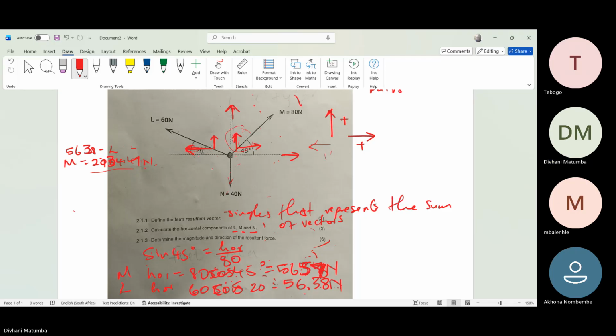Okay. Therefore, your horizontal M component is actually positive because it's going in the positive direction. Then the component of L is going in the opposite direction of our positive, therefore it is a minus.